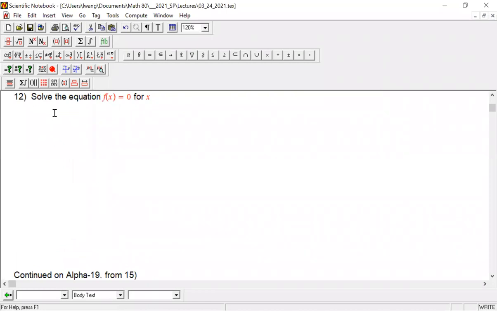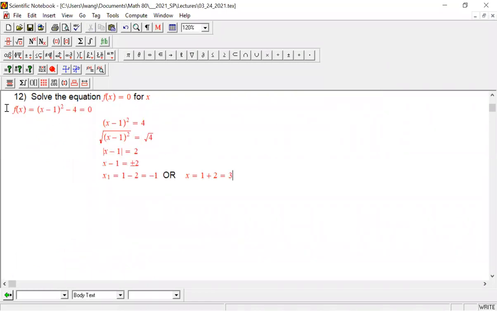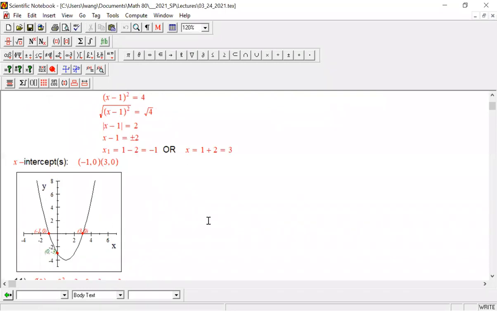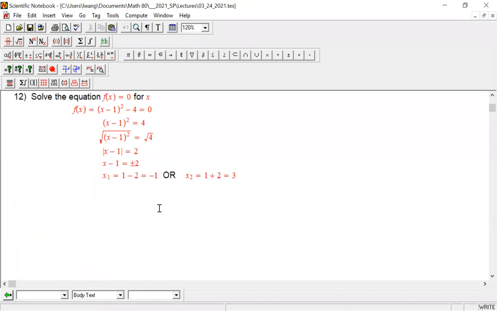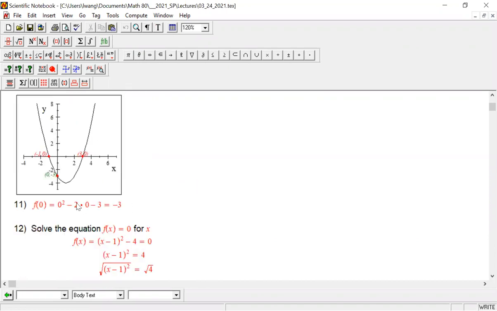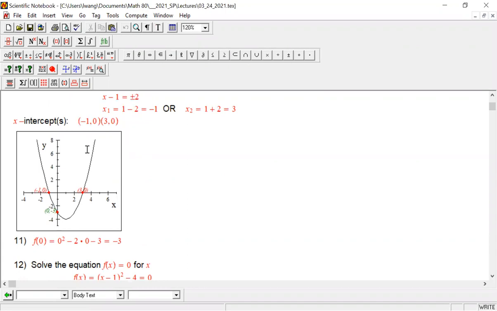They didn't ask us for the points. So we set up f of x equals 0. We found the x. So x1, sub x2. Sorry, I missed the sub x2. Okay, x2. And solving for x, because this didn't ask for points, so you don't have to mark the points. But if you mark the points, it's not a big deal, right? So we know that these are the same questions. It's just a different way of asking them.